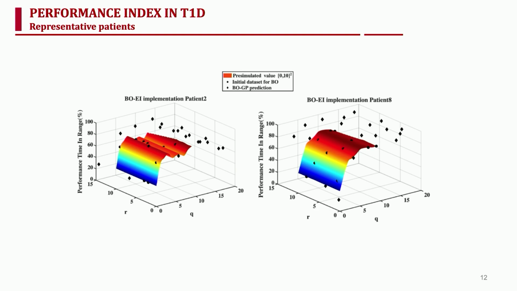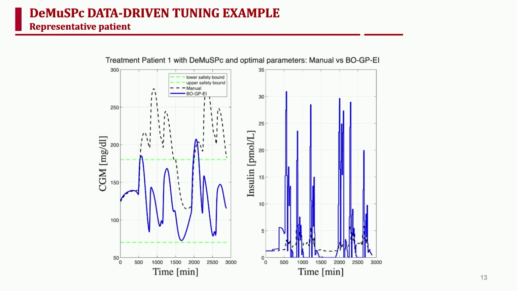Now, once we have found the parameters R and Q that optimize our metric in this case, we plug them back into the magenta cost function that I showed you at the beginning, so that we can apply the DeePC, our controller, and we can generate simulations to see if it works. Here I show you just two representative patients. On the left, we have the glucose concentration in milligrams per deciliter on the y-axis and the time in minutes on the x-axis.